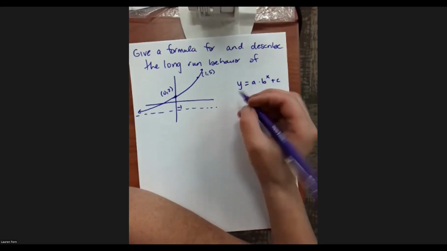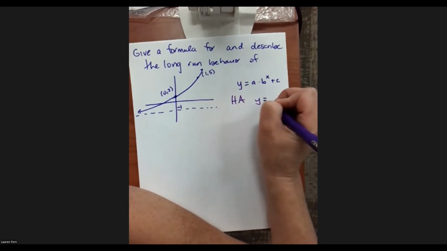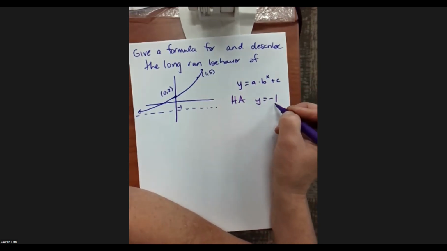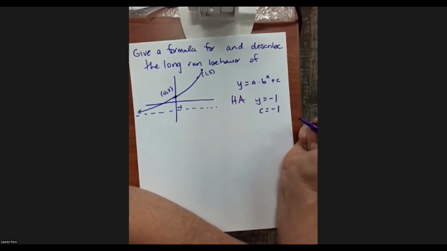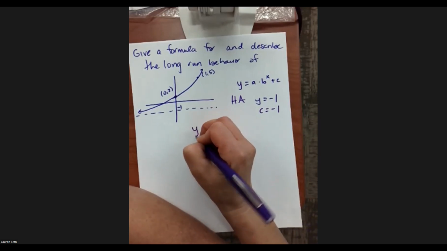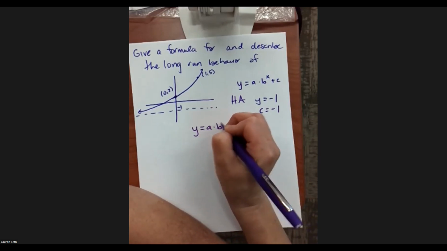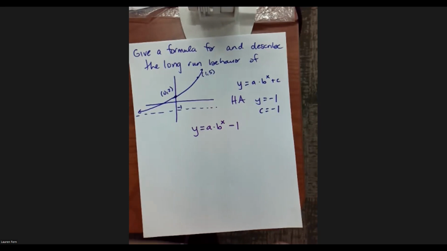Will you all grant me that we have a horizontal asymptote at -1 here? And therefore C is -1. So don't we already have y equals A times B to the x minus 1?